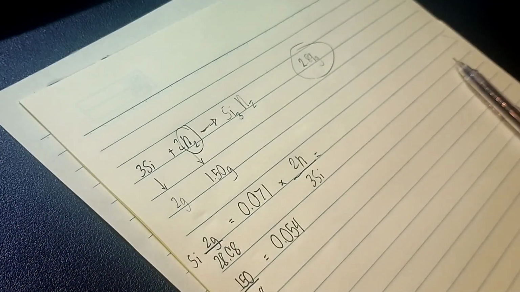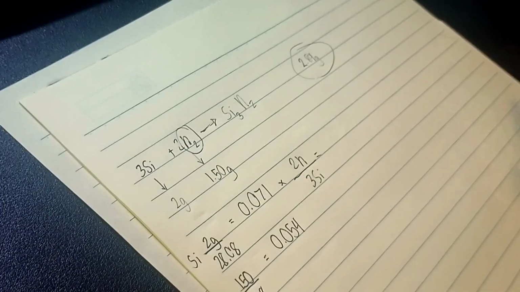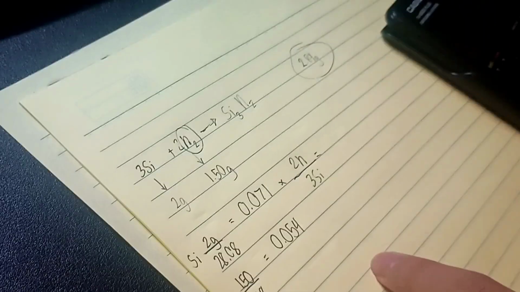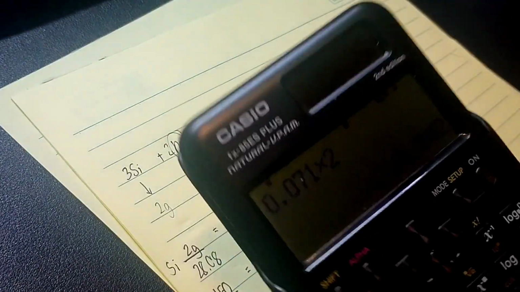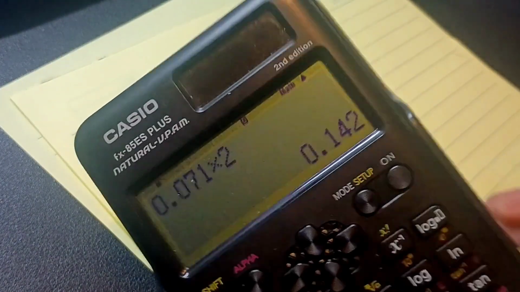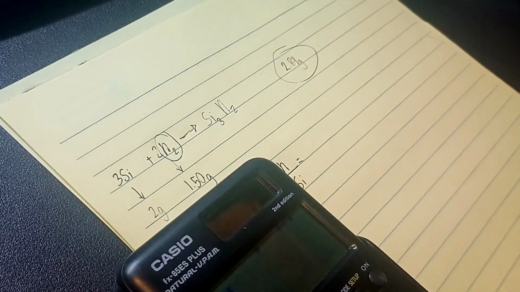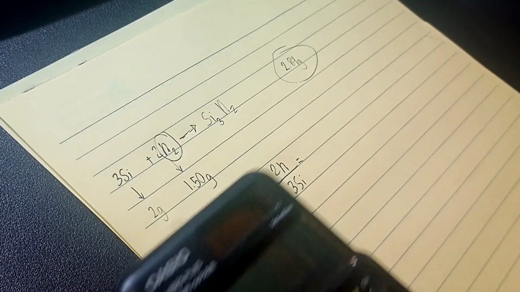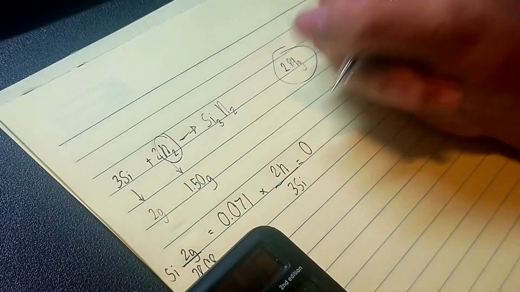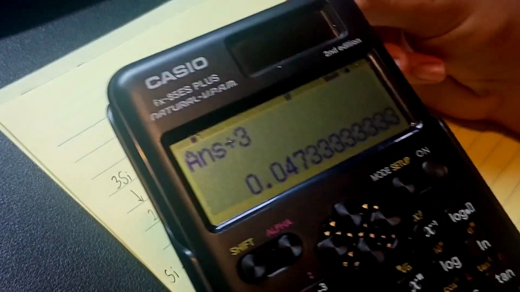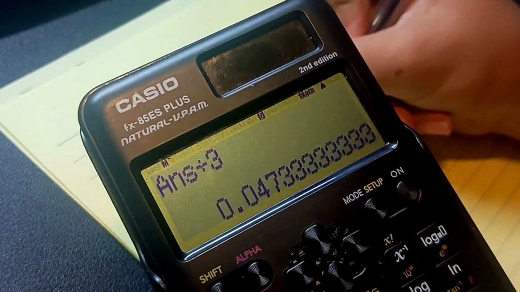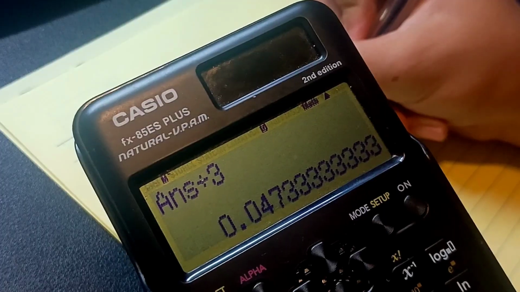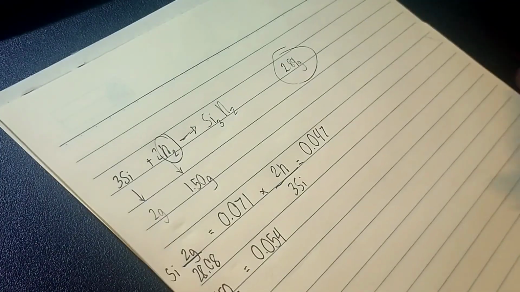0.071 times 2 would be 0.142, divided by 3, and then you'll get 0.047.